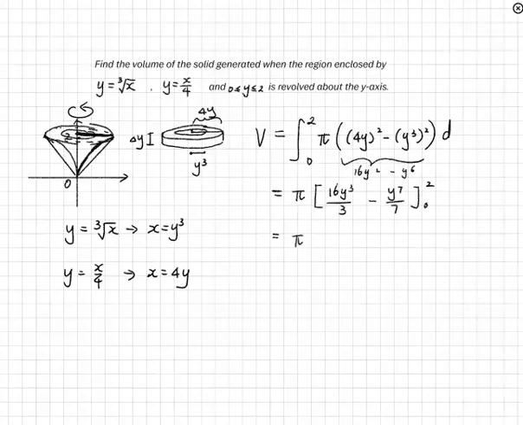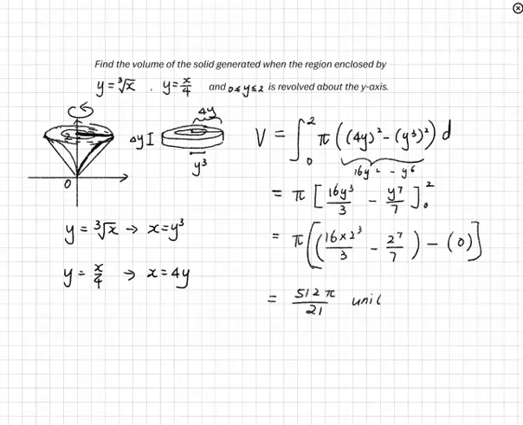Now you need to do the substitution. Upper boundary first: 16 times 2 cubed on 3 minus 2 to the power of 7 on 7, and minus the substitution of 0, which gives you 0. Therefore the final answer is 512 pi on 21 units cubed.